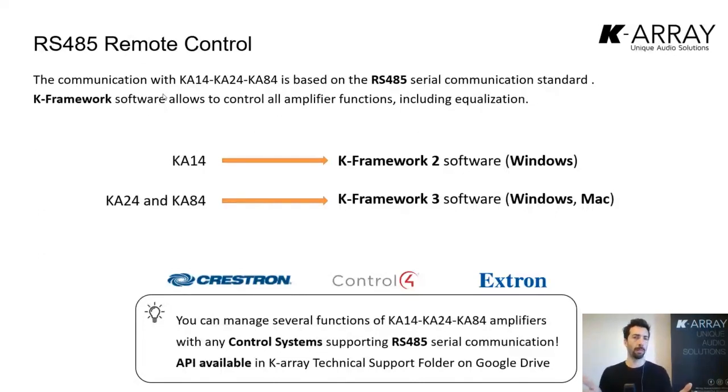As you probably know, RS485 is a serial communication protocol. So it's a standard serial communication protocol, and that's the way you can send data from a computer or a control system to the amplifiers.